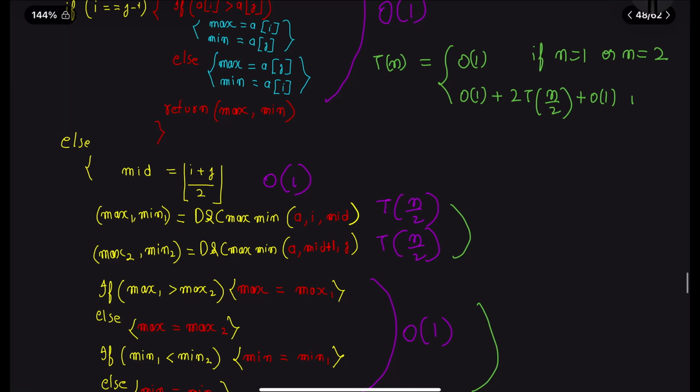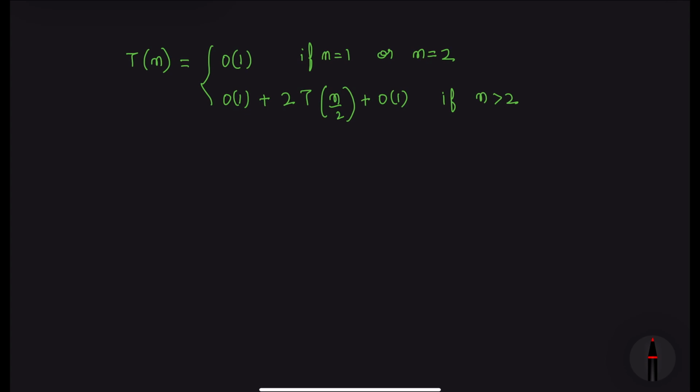if n is greater than 2. This is when we have a larger problem. We will try to solve this recurrence relation. So T(n) is equal to 2T(n by 2) plus c, where big O of 1 plus big O of 1 can be written as c. We will solve this by the master theorem.